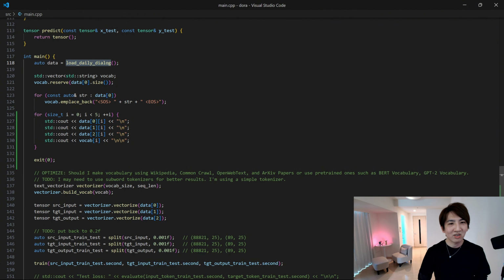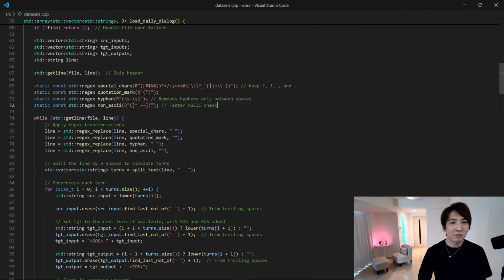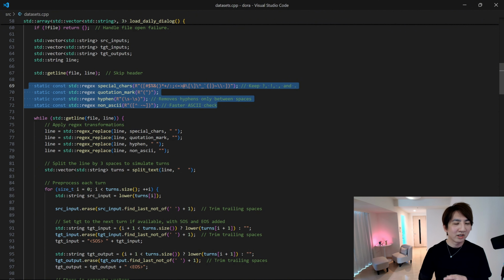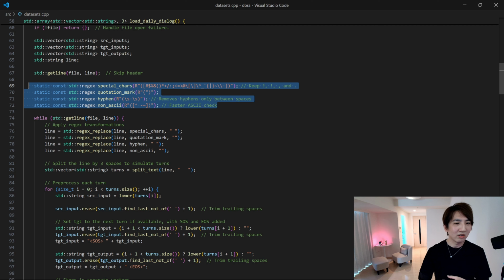So this function looks like this. I precompile the characters I replace using regex, because if I had these inside this while loop, it would make my function slightly slower.